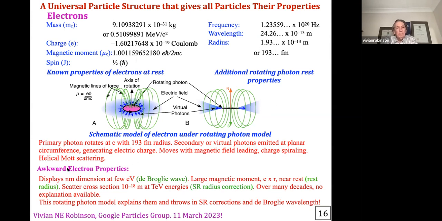And yet at the same time, when it's accelerated to high energy, it has a scattering cross-section of about 10 to the minus 18 meters. So you've got a difference of 10 to the 9th in a particle's detected structure. That's been difficult, but that low scattering cross-section is just the special relativity corrections mentioned earlier. And I respectfully suggest that this rotating photon model explains them all and throws in the special relativity corrections and the de Broglie wavelength for good measure.